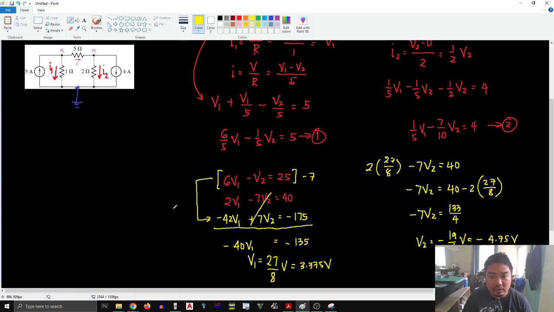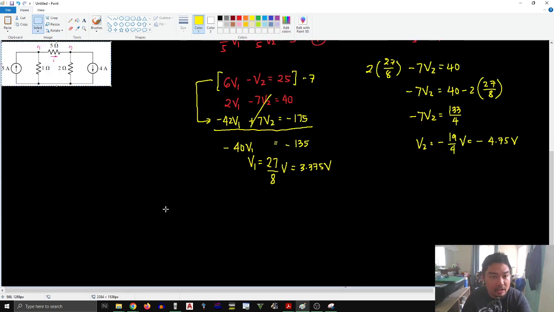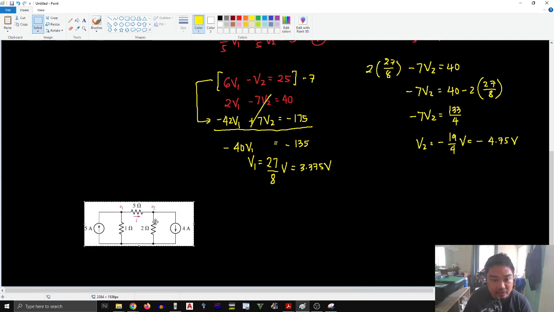Okay, so let me just grab the circuit here, and we can simply say that this is already 3.375 volts, and this is minus 4.75 volts. So we can determine the value of I.